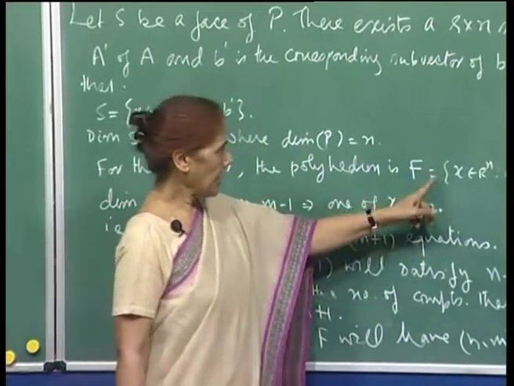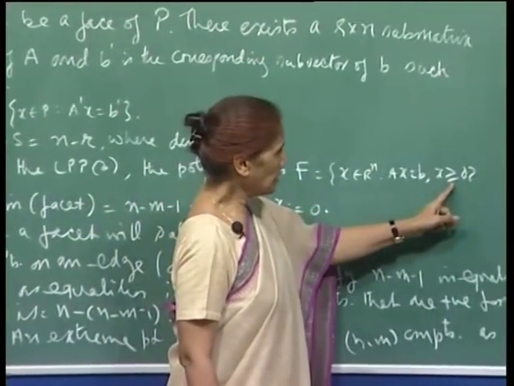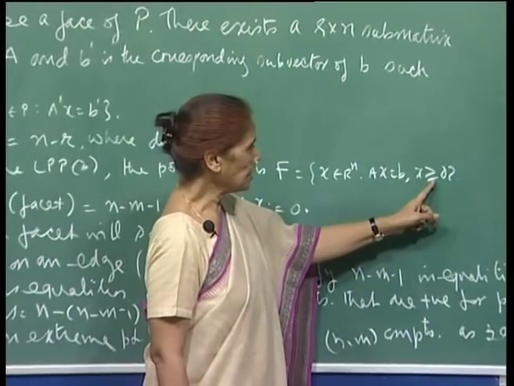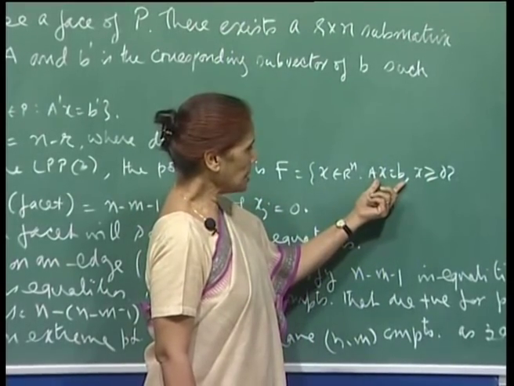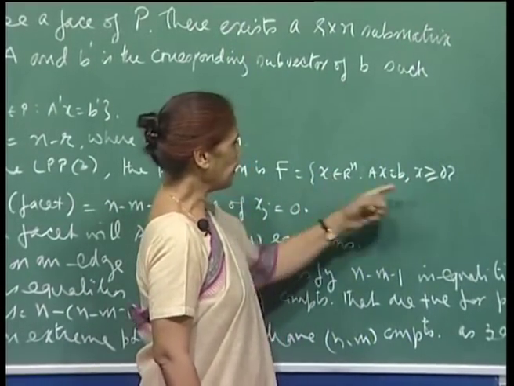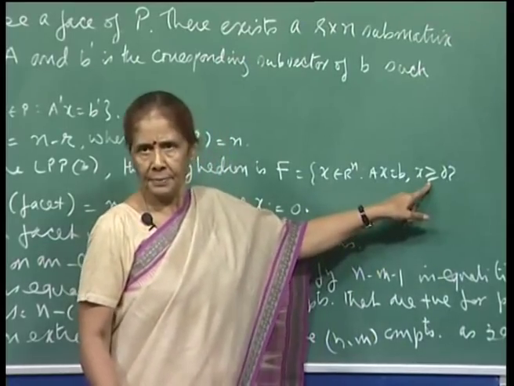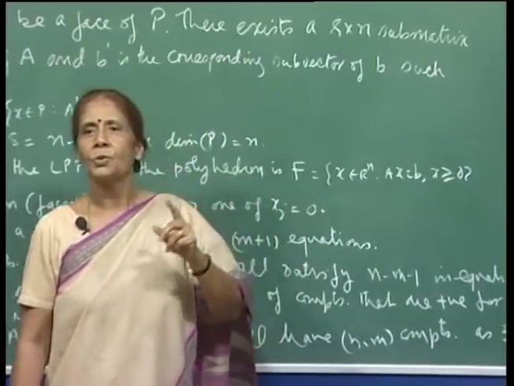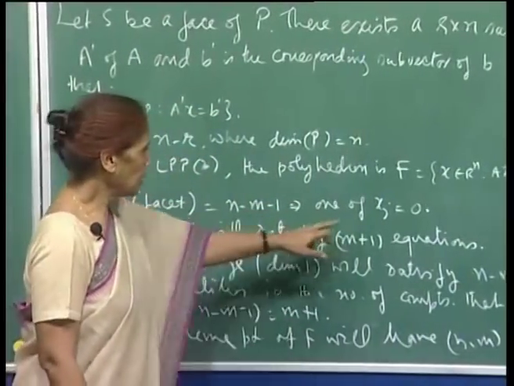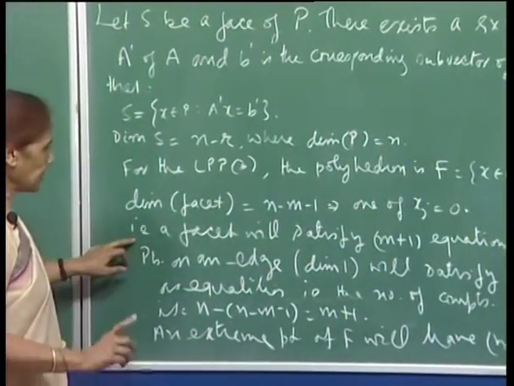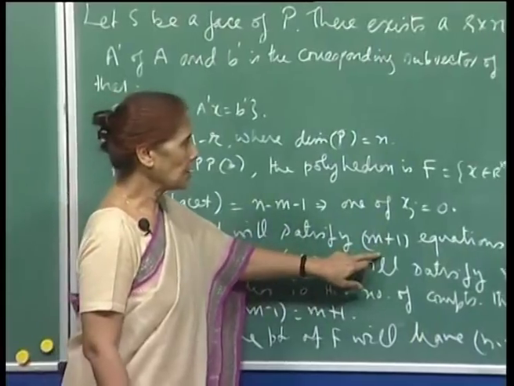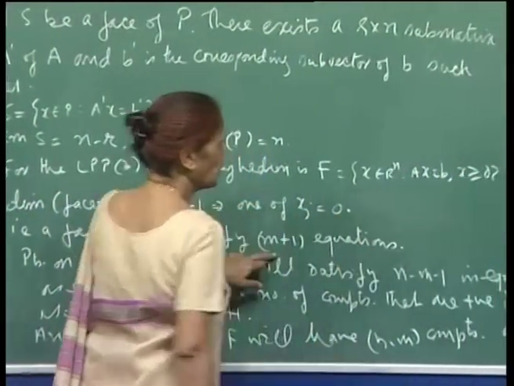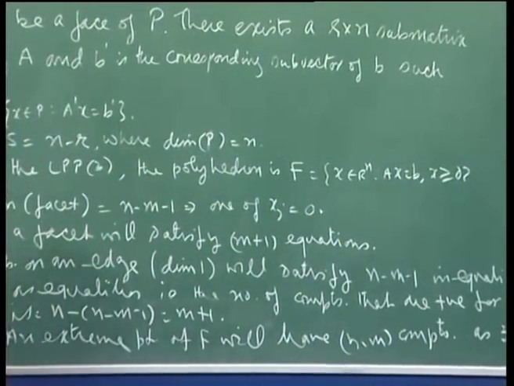For F, the inequalities are these n inequalities, and all m equations have to be satisfied by all points of F. So a facet must satisfy at least one of them as equality, which means a facet will satisfy m plus 1 equations: the m equations and one of these inequalities as equalities.